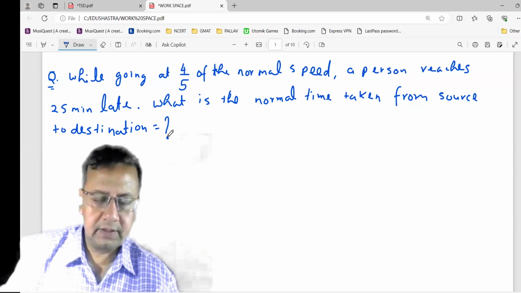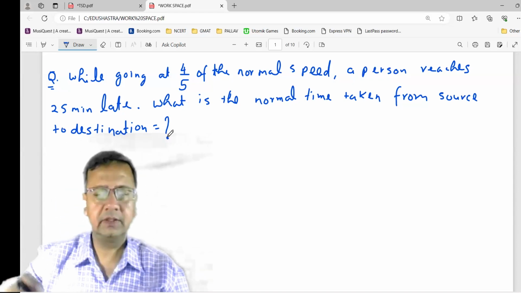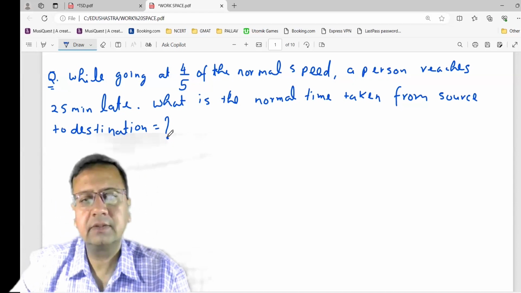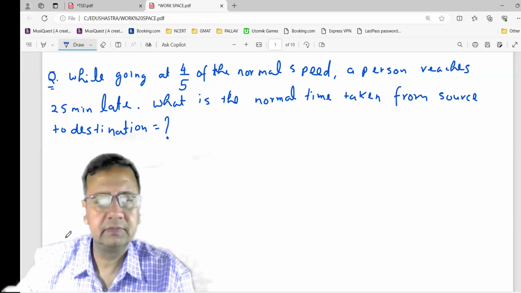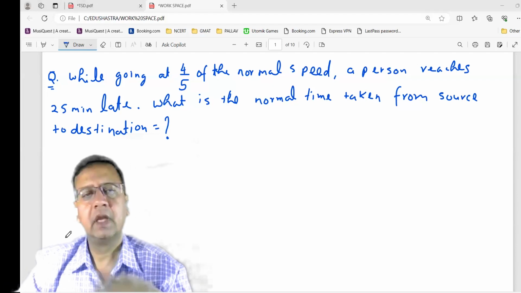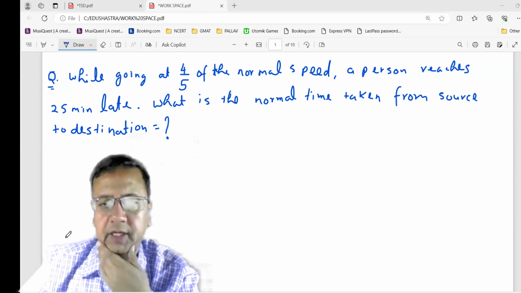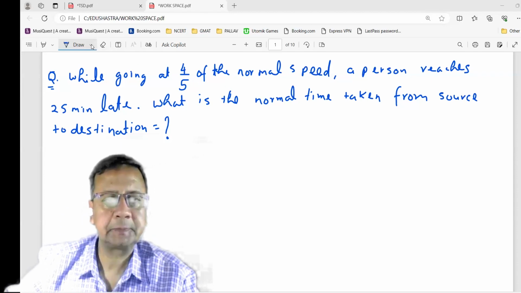So Hardik, in this, distance is not required first thing, right? So there is no need to have the distance. While going at 4 by 5 of the normal speed, a person reaches 25 minutes late.